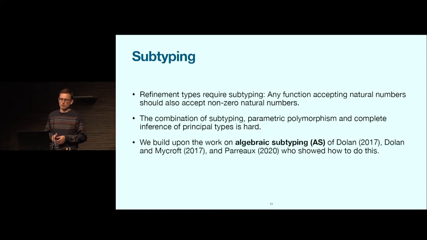But we built upon the work on algebraic subtyping by Stephen Dolan, who's also in the audience, Dolan and Mycroft, and also the presentation of Lionel Parreaux at ICFP two years ago. They show how to do type inference in a system with parametric polymorphism and subtyping.